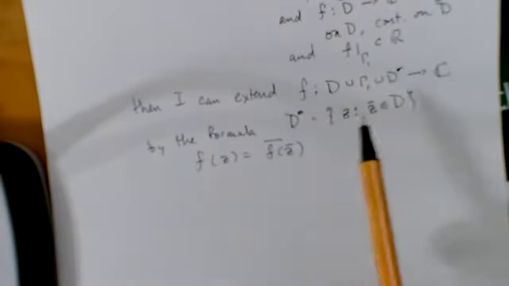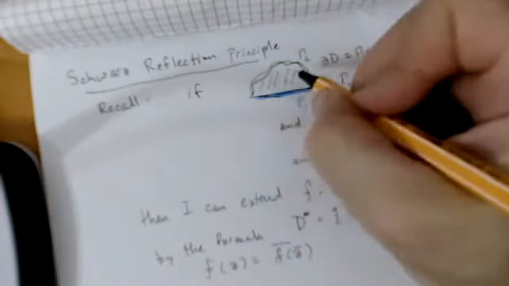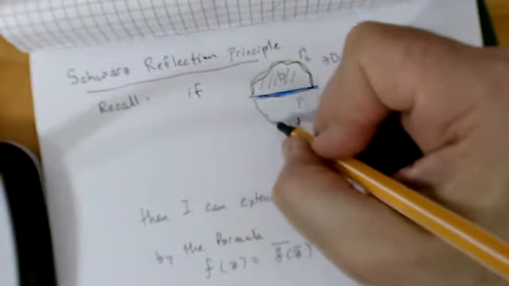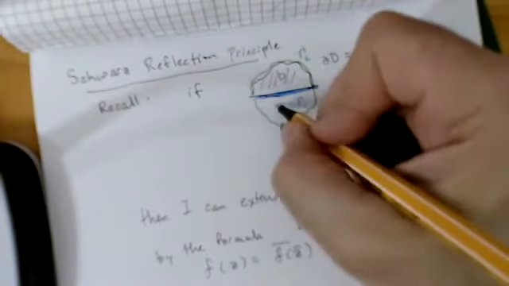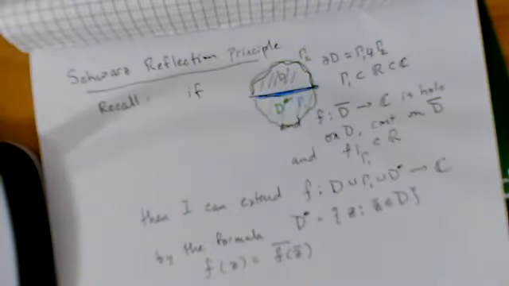Okay, so let's look at what we have here. Let's go back to our picture. We have D to one side here. And I'm going to just mirror this domain D to the other side of this blue curve to obtain this green part, the D star.